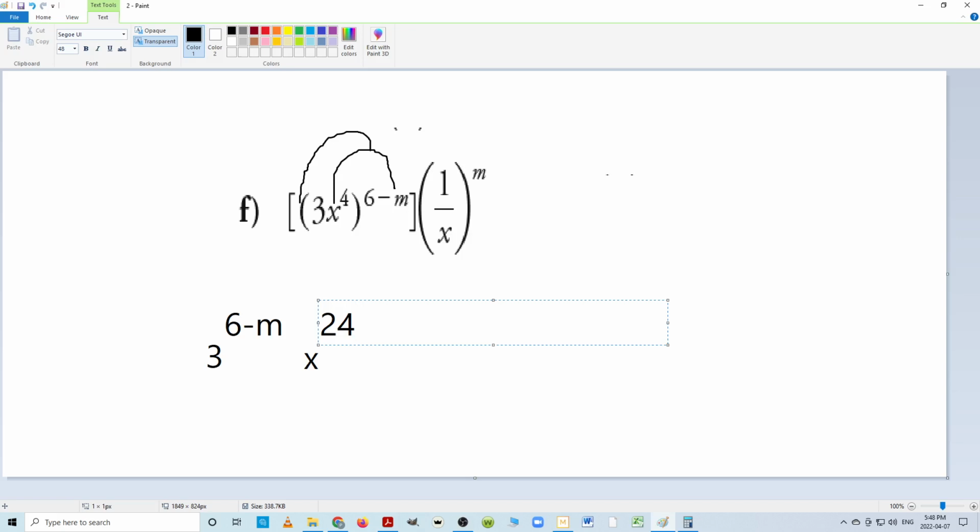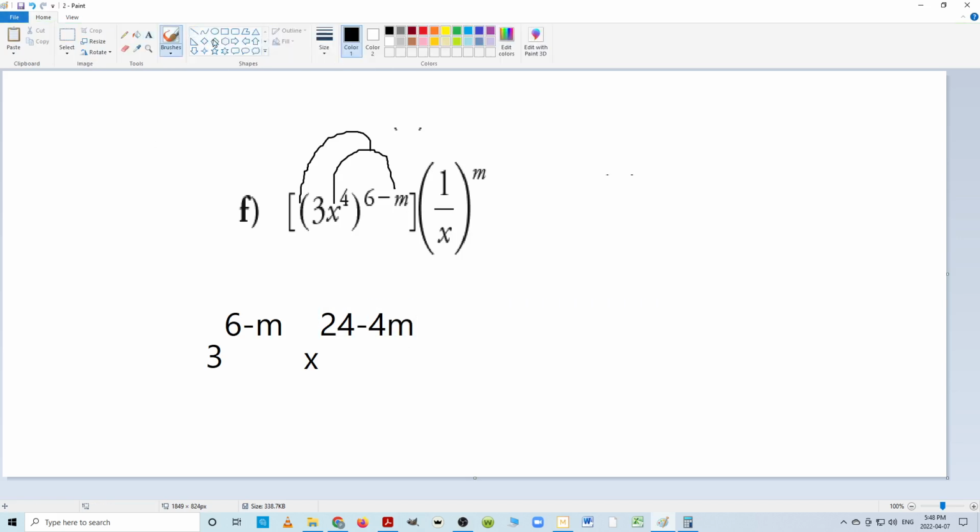What's 4 times minus m? Minus 4m. Then it's multiplied by this m. Well, this m applies to the 1 and then to the x, and 1 to the m is just 1. So this whole thing is multiplying 1 over x to the m. So essentially this whole thing is this over x to the m.